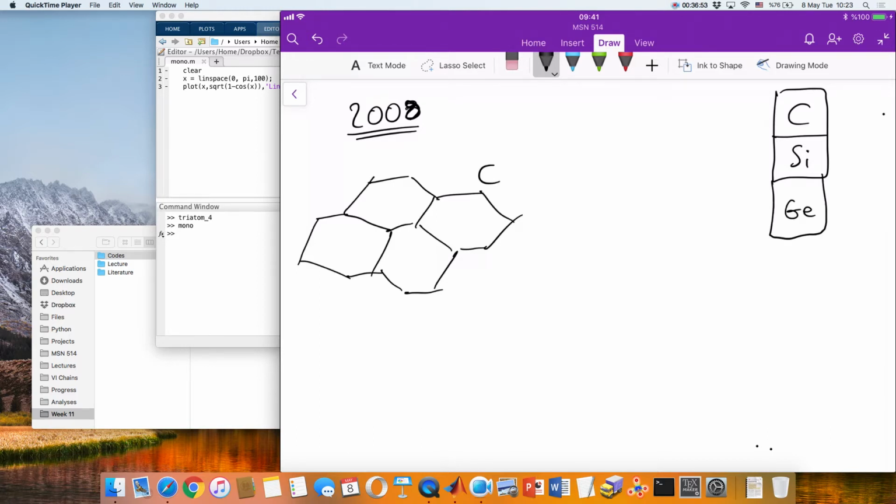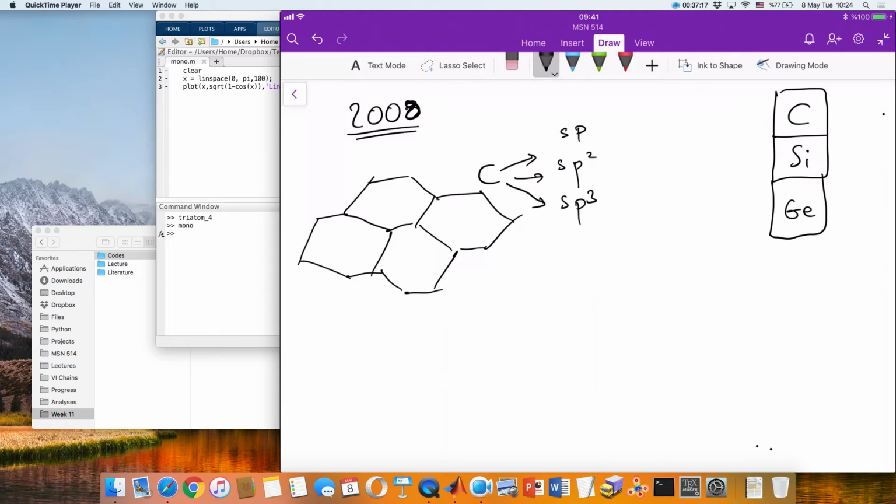But the problem is carbon likes all hybridizations, sp1, sp2, sp3. All of them are almost equally likely for carbon. That's why it's an element of life, right? Because it has all these different bondings, richness.